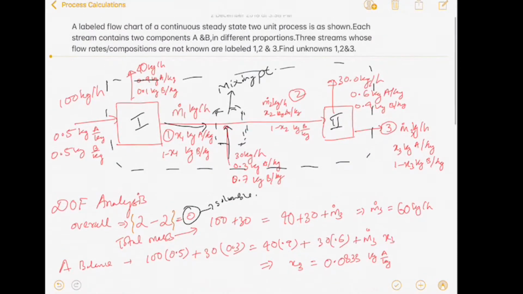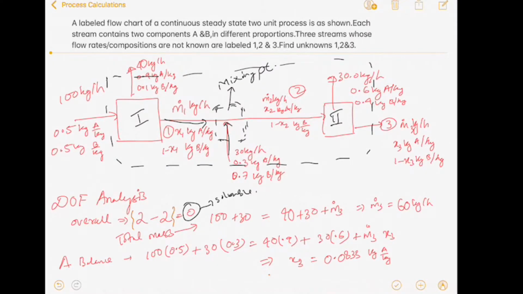And how is it 0? You see, for the overall, how many flow rates are there. This is one input stream, this is an output from the overall, this is one more output, and this is one input. So the unknowns are only two, M3 dot and X3, and correspondingly two material balances can be written.